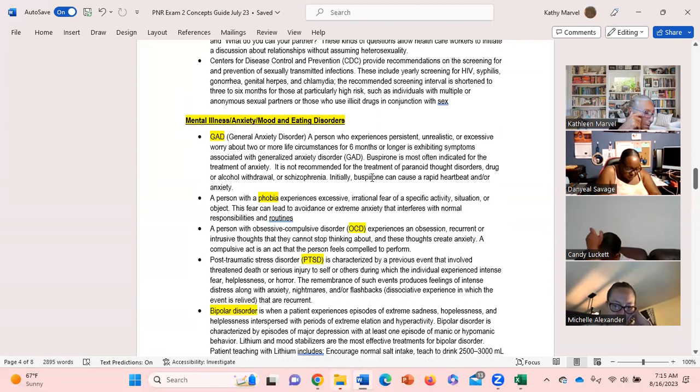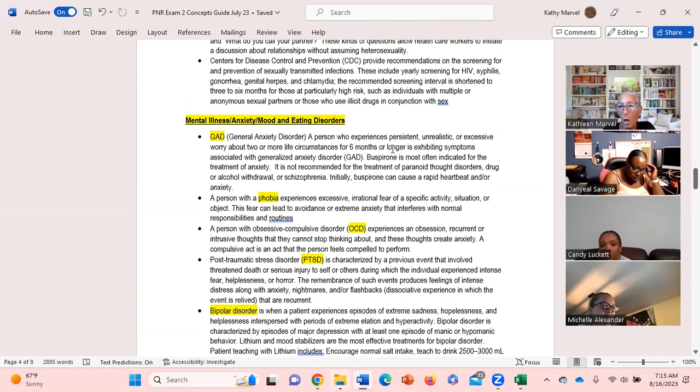The one thing to remember is that general anxiety disorder is a pretty big label and there's lots going on. It's a general one. So here's a description: somebody who experiences persistent, unrealistic, or excessive worry about 2 or more life circumstances over 6 months.